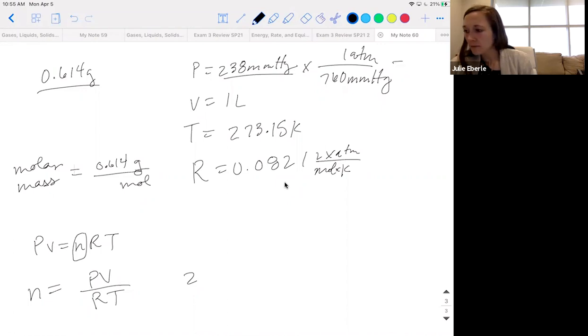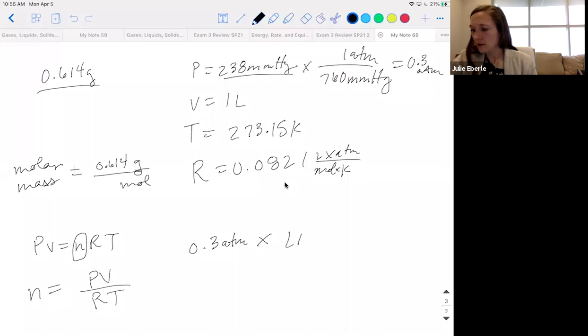Point 3. So 0.3 times the volume, which is 1 liter, and then R and T on the bottom.